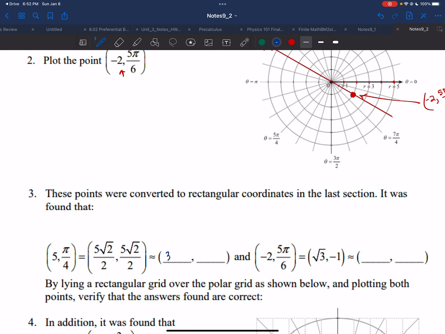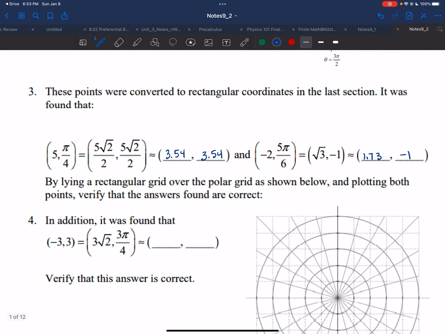It's about 3.54, and of course this is 3.54 as well. And then -2, 5 pi over 6, we got square root of 3 and -1 on that one. And that is about 1.73, and then of course -1.